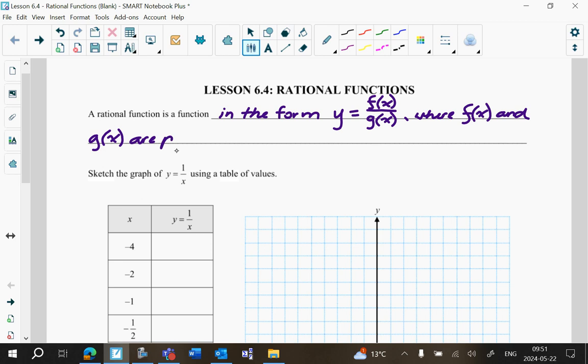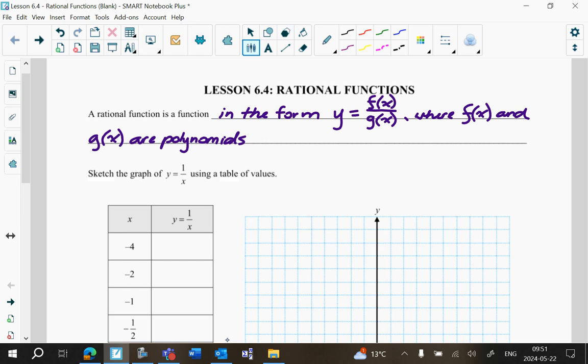Polynomial is just an algebraic expression that has numbers, variables, exponents, as long as they're not fractions or negatives. Okay? Or a combination of. It could be a number. 5 is an expression, is a polynomial. 5x is a polynomial. 5x squared is a polynomial. 5x squared plus 2x is a polynomial.